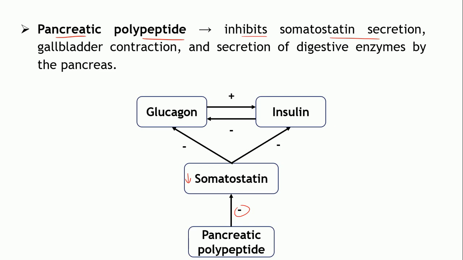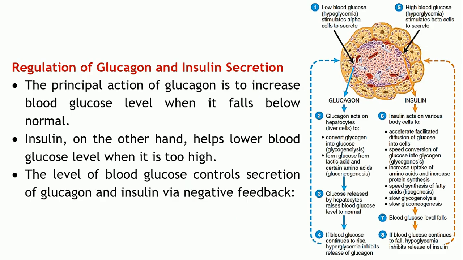Apart from that, it also inhibits the contraction of the gallbladder. The gallbladder temporarily stores and concentrates the bile, so its contraction will be inhibited and the release of bile may get affected. It also inhibits the secretion of digestive enzymes by the pancreas. So these are the different actions of the several hormones produced by the endocrine part of the pancreas.